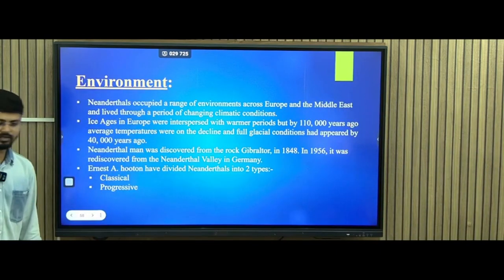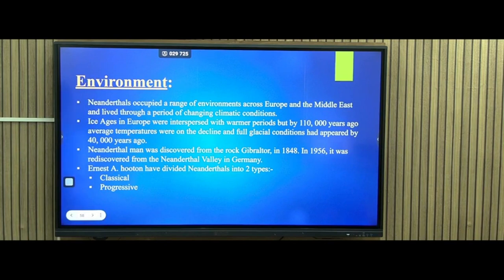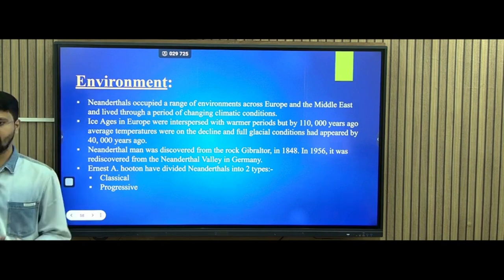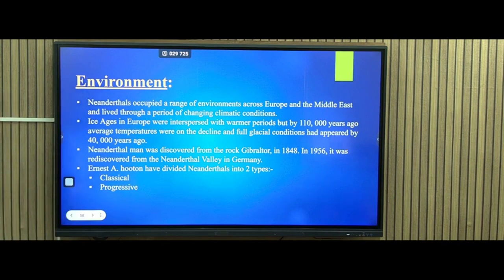the environment conditions. And one more thing I told you, that there were glaciation ages and at the same time interglacial periods also. During the glacial ages, it was very cold, and in interglacial periods it was a little warm.